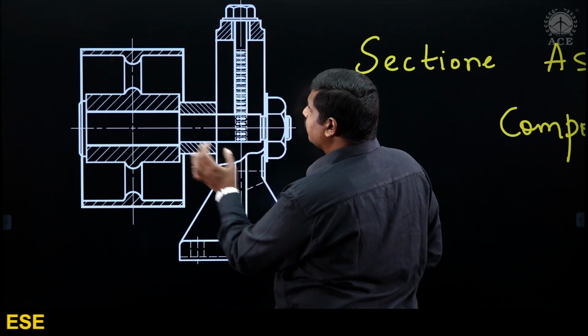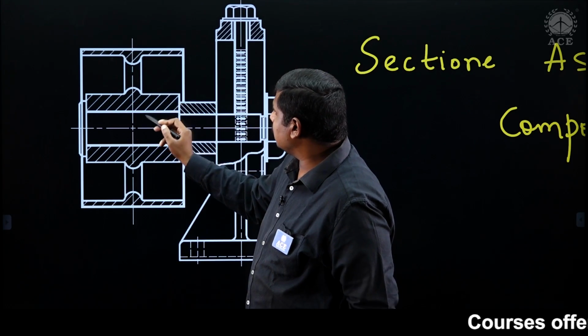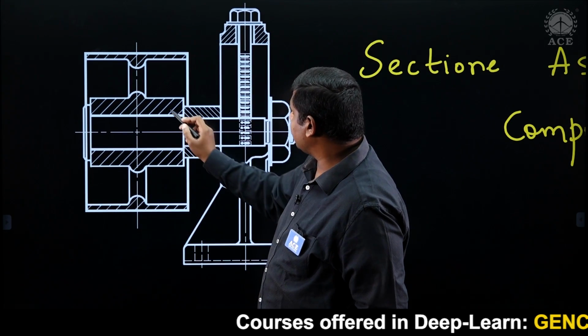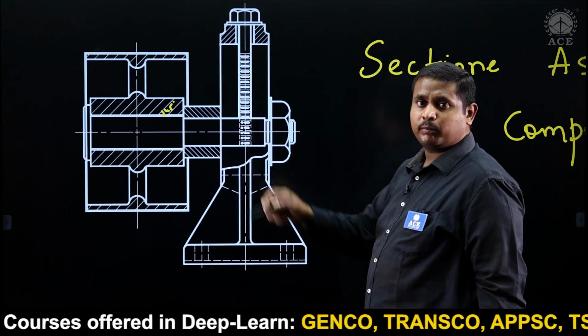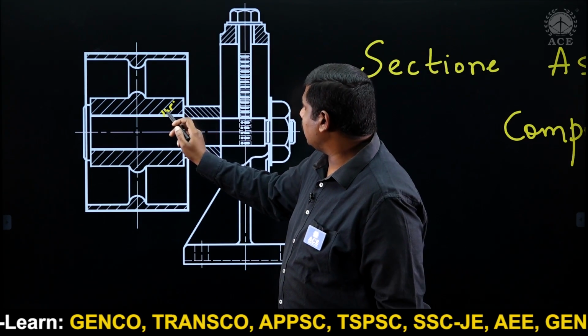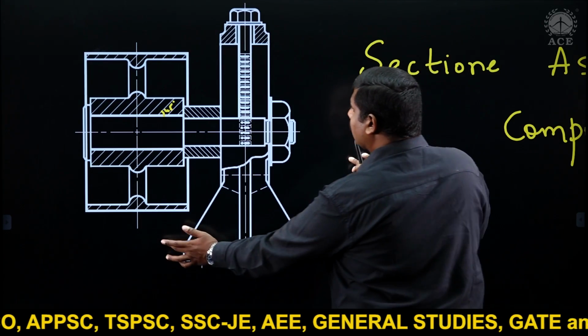This is one adjacent piece, this is one adjacent piece. All these lines are drawn at an angle of 45 degrees, my dears. Look at here, exactly they are opposite in direction.